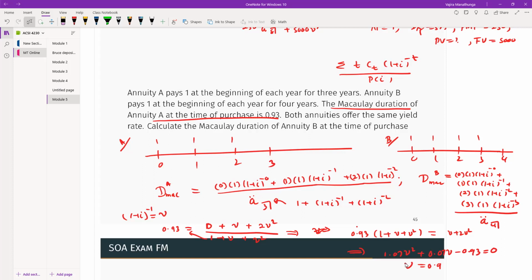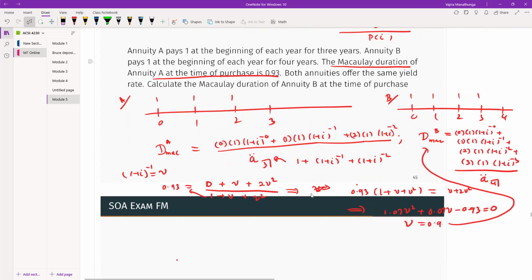So then you can come back and substitute that in this formula. Now you can see for B, it's going to be 1 times V plus 2 times V squared plus 3 times V cubed, over 1 plus V plus V squared plus V cubed.